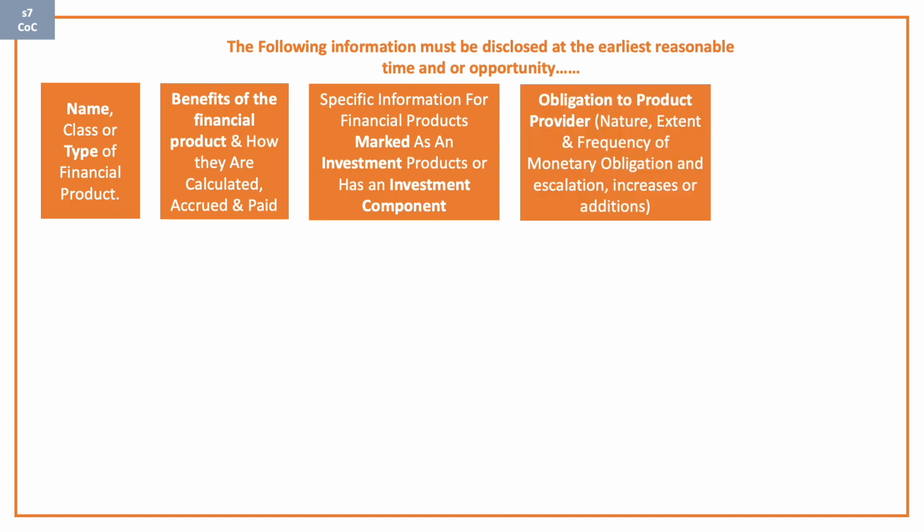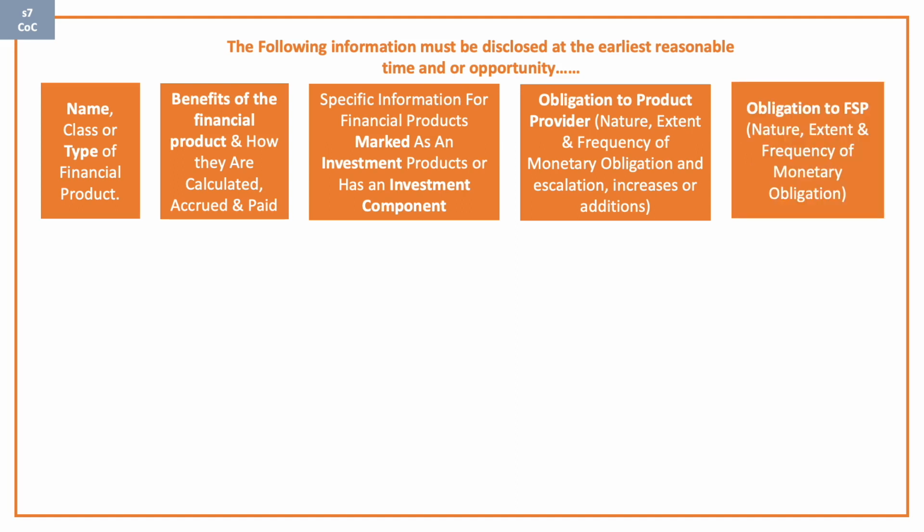The obligation to the product provider, nature, extent and frequency of monetary obligation and escalation, increases or additions. 5. The obligation to the FSP, nature, extent and frequency of monetary obligation. 6. Any special terms and or exclusions.